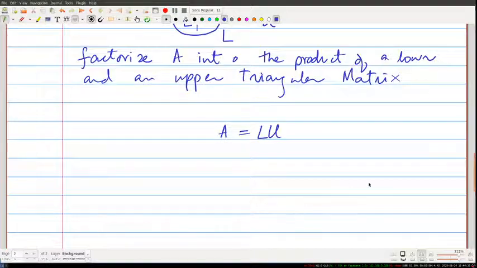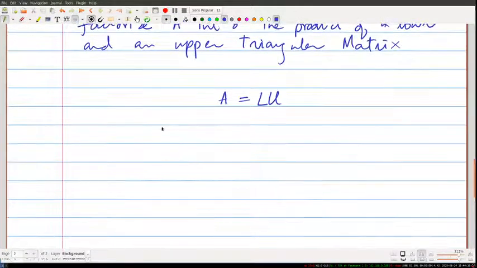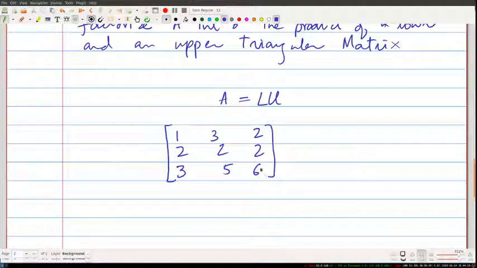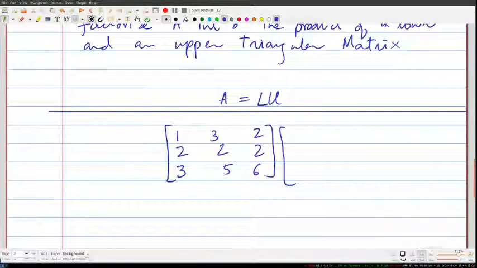So let's look at a system that we perhaps looked at in one of the previous classes, which was 1, 3, 2, 2, 2, 2, 3, 5, 6 times XYZ equals minus 3, minus 2, minus 5. So now we're looking at a 3 by 3 system.